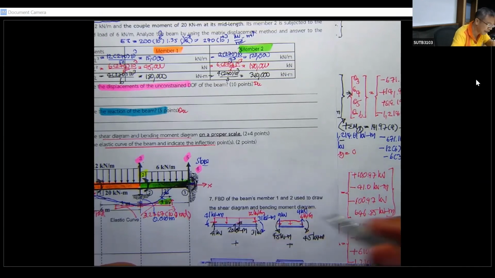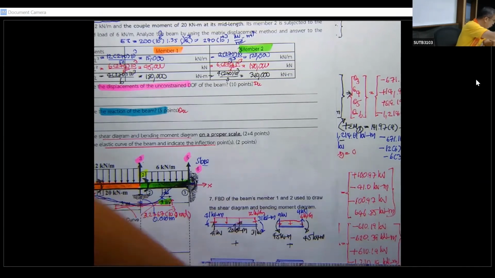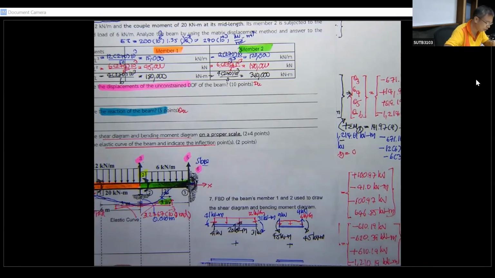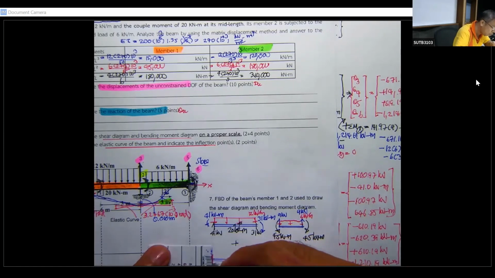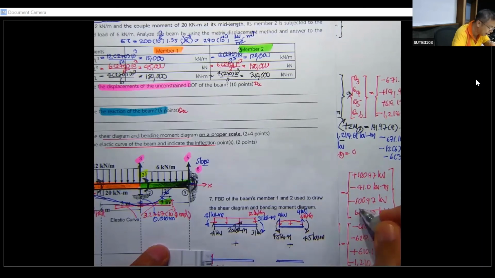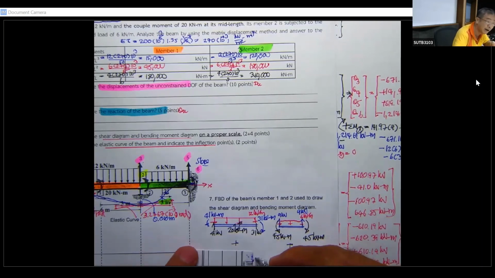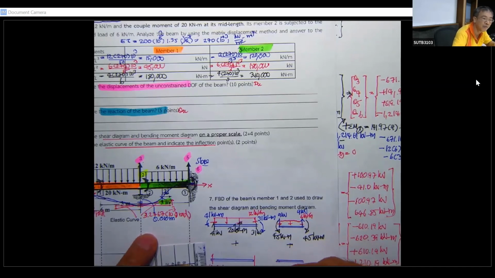You have to take everything. 100.97 is upward. This is going to be 100.97 kilonewton. This is downward. Oh, sorry.